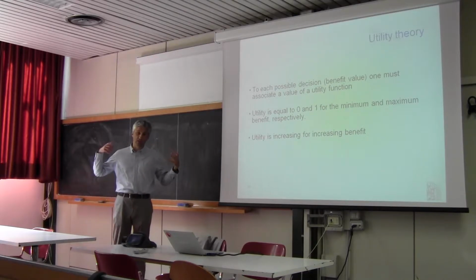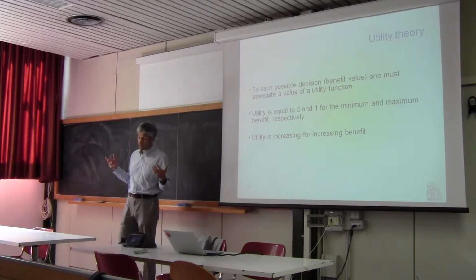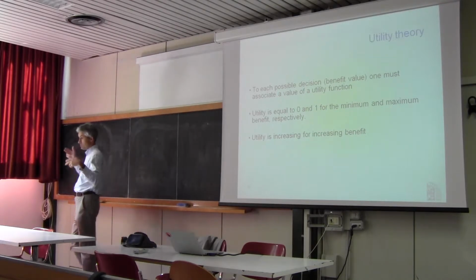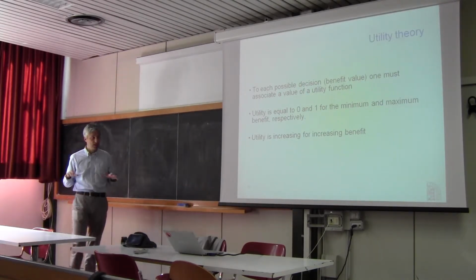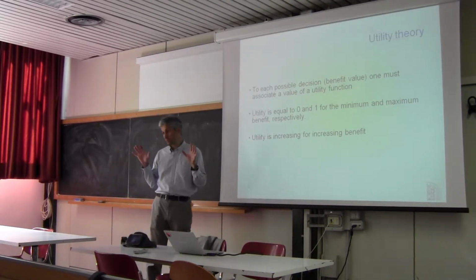This is what we said. So if I have an economic benefit, which is probably the most clear example, I can associate the utility to my economic benefit, and the utility function should be a non-decreasing function of the benefit, varying between 0 and 1. Now, utility can be defined in many different ways.